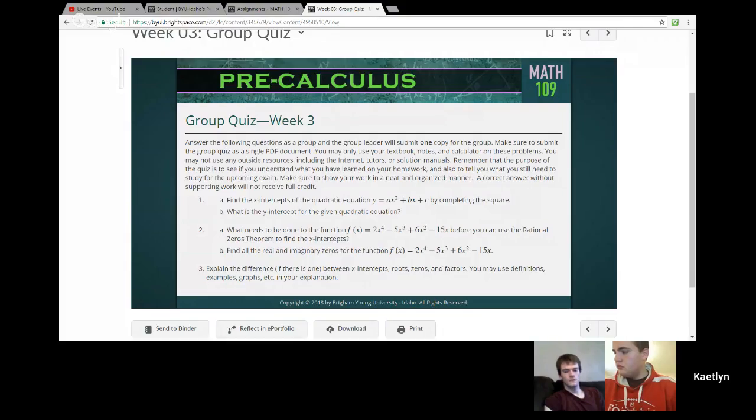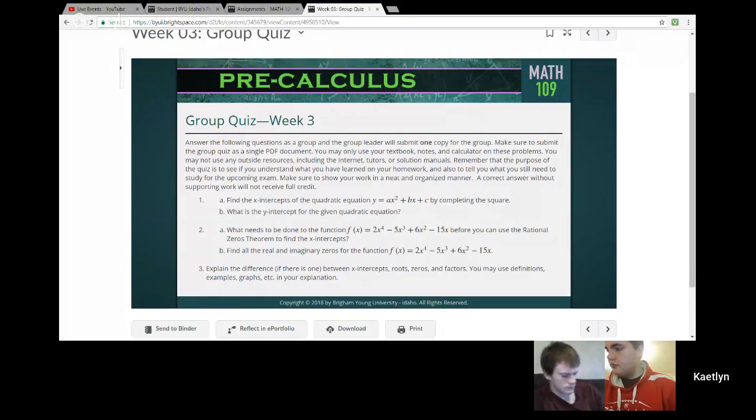So i square root of k over a plus h equals x. So then the x-intercept should be, well, you could do h plus or minus i square root of k over a, right? And then 0. Yeah.